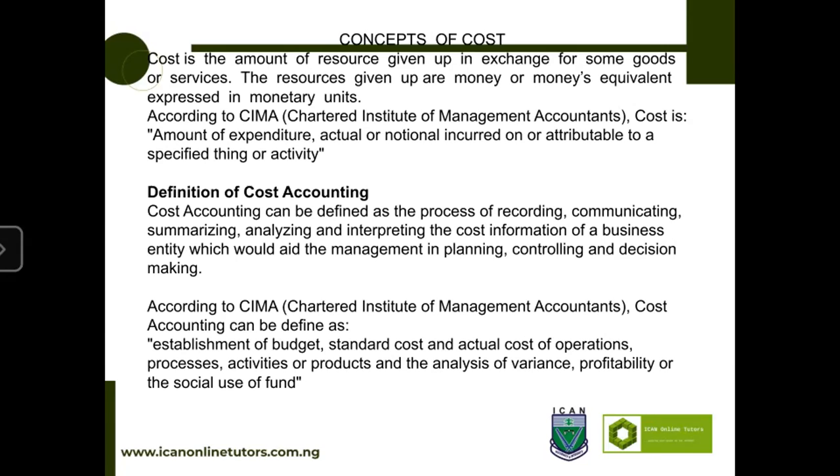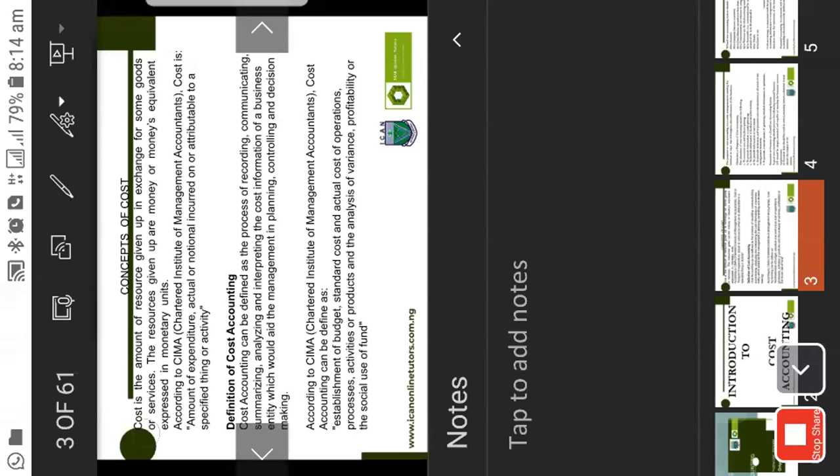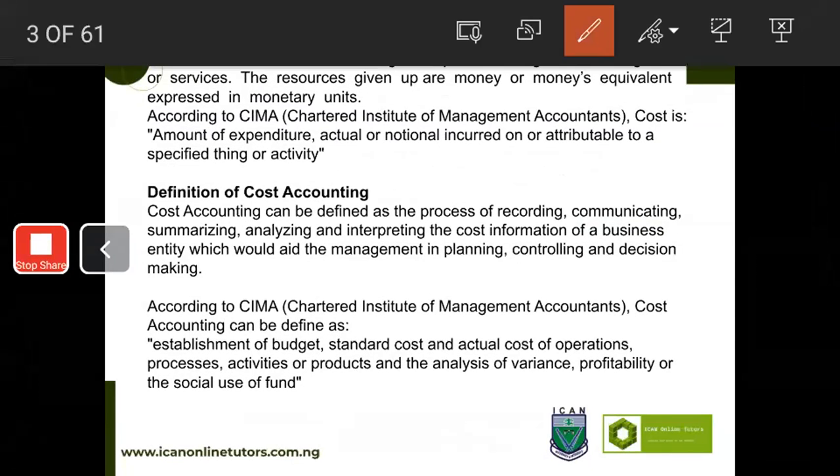According to CIMA, cost is an amount of expenditure, actual or notional, that is incurred or attributable to a specified product. Let's underline some key things. Cost is the amount of what? Expenditure. When we say amount of expenditure, that is the price of expenses. What is expenses?